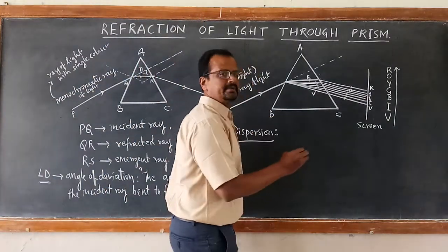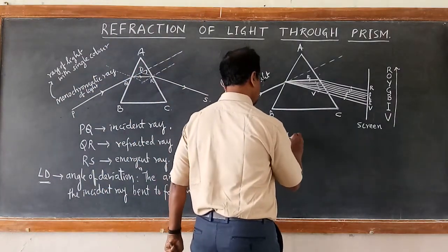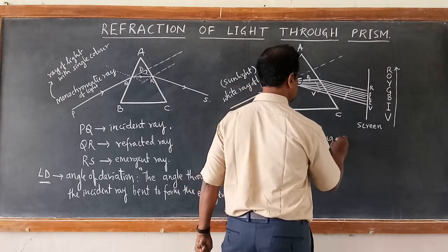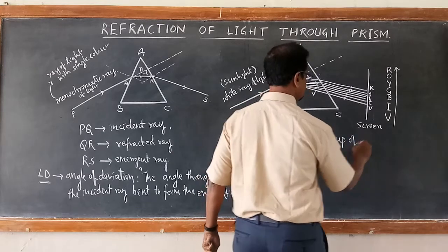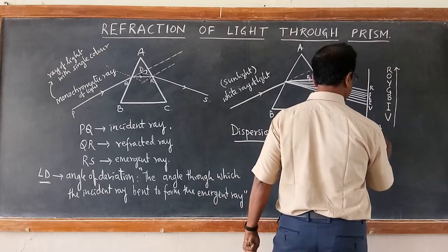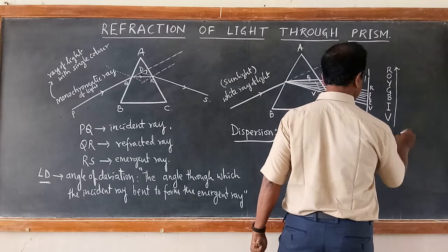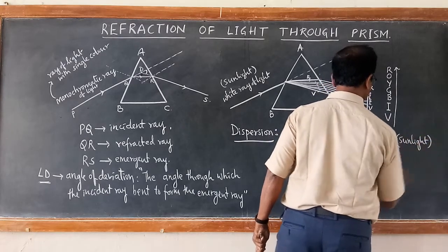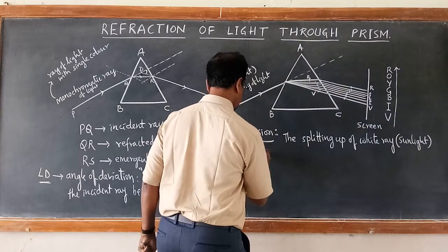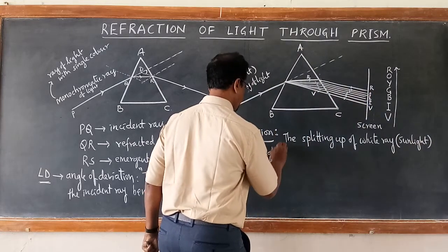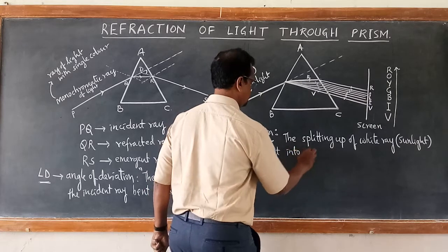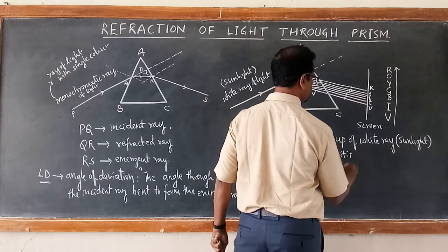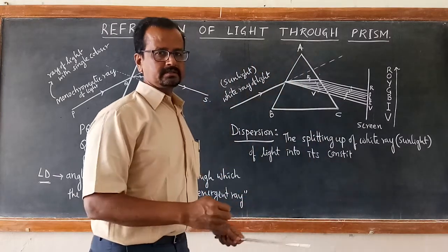So I write here, what is the meaning of dispersion? The splitting up of white ray of light or sunlight into its constituent 7 colors is called as dispersion.